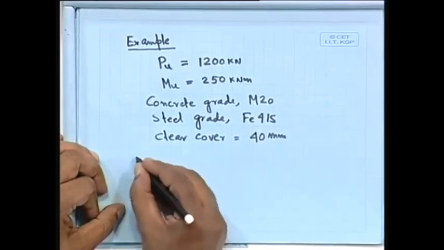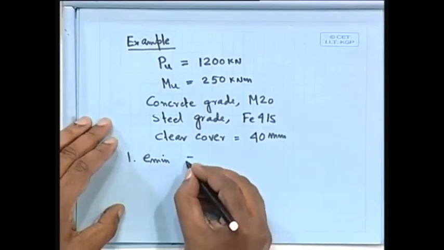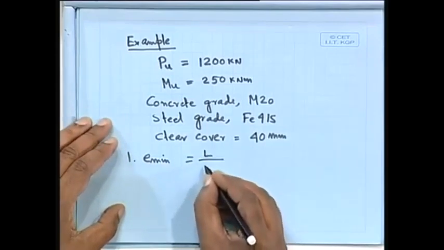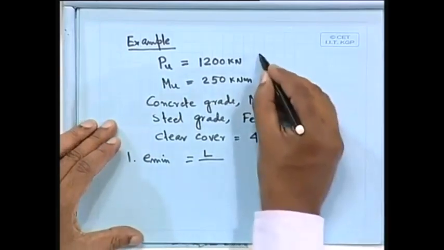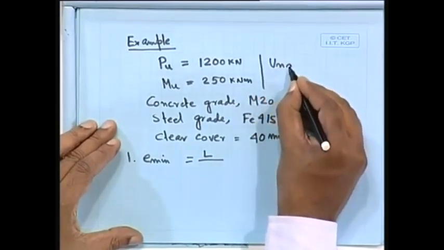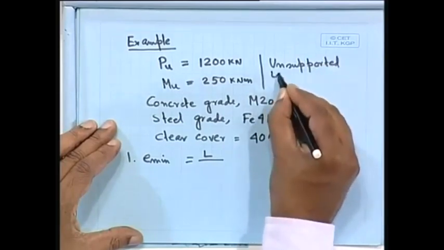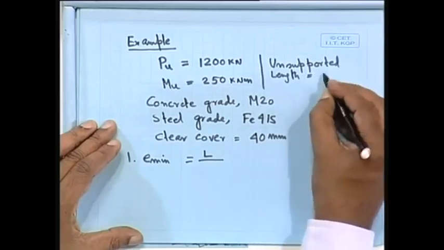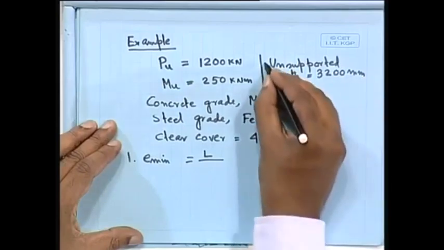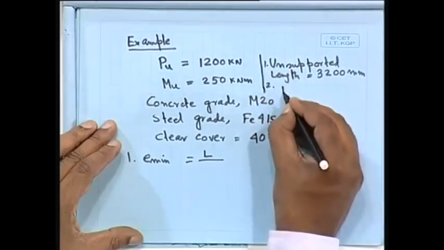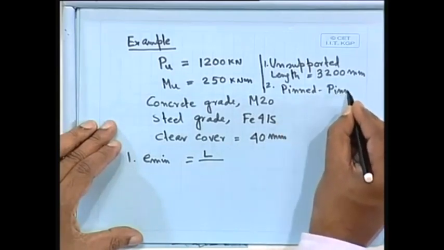Now, whatever the E mean will be equal to, then let us take for basically say unsupported length equal to some millimeter, and it is a pinned case, and both joints are hinged.